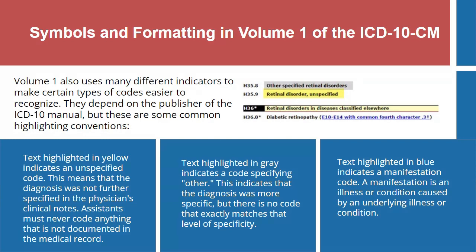Because when you have an immune disease like HIV, your immune system isn't working like it should, and so you are much more susceptible to developing other illnesses and conditions. Okay, so any illness or condition that is caused by an underlying illness or condition, even maybe cancer.